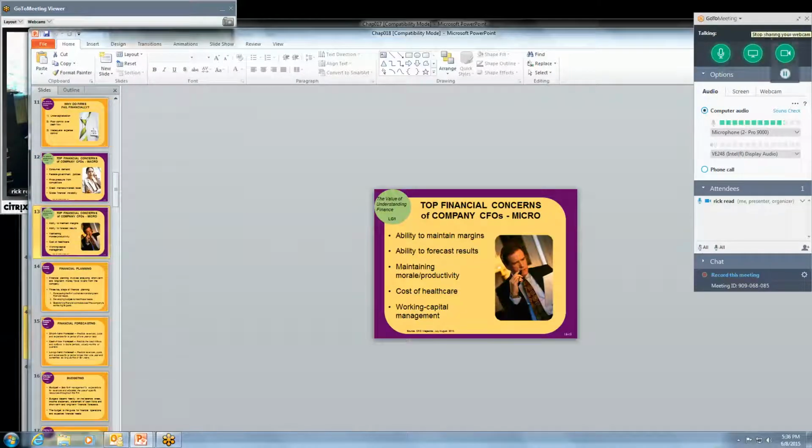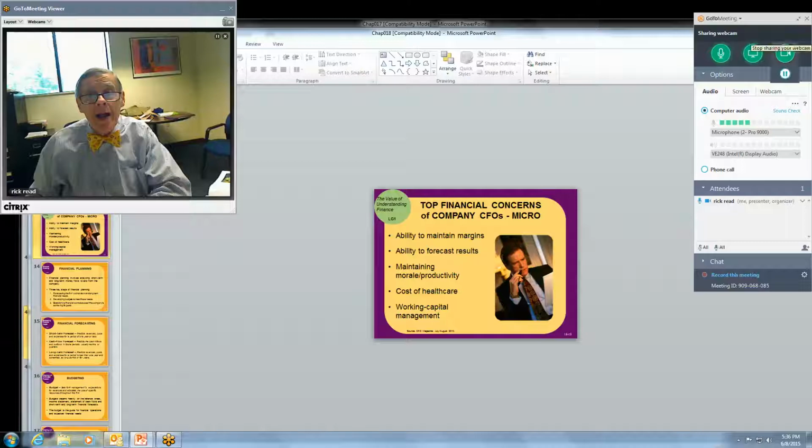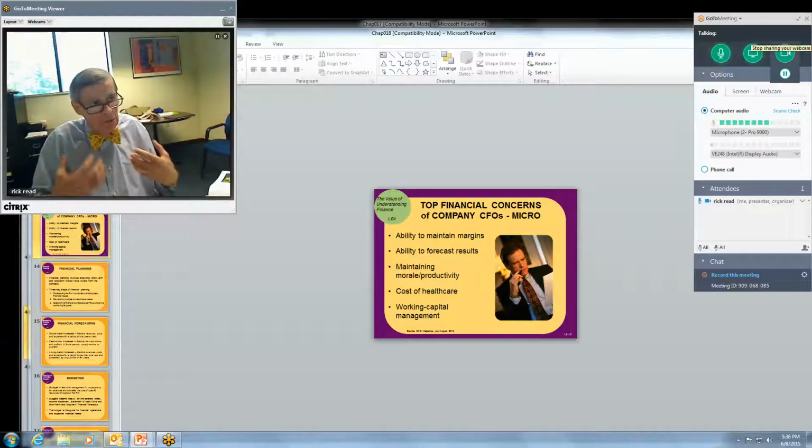At the micro level, the internal level, we're concerned about the cost of health care. Now we know we have the Affordable Care Act, and it has put some dent into the continued unabated increase in health insurance premiums, but it hasn't done what everybody thought it would do immediately.